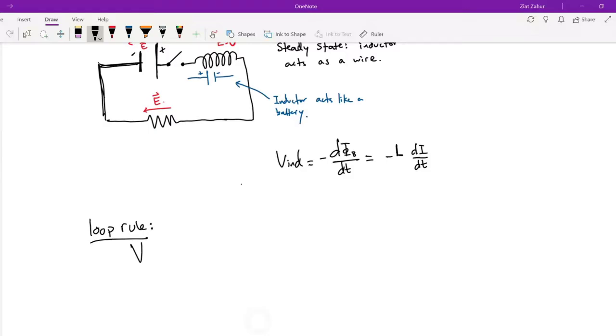Start with V, and then we have V minus L di dt minus IR, IR being whatever current we have in our system, times the resistance of this resistor. And that's the end of the loop, so it equals 0.